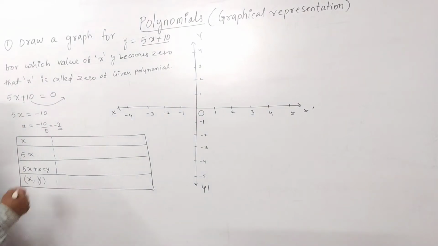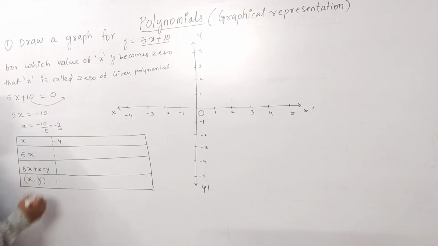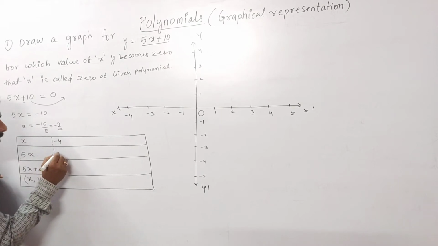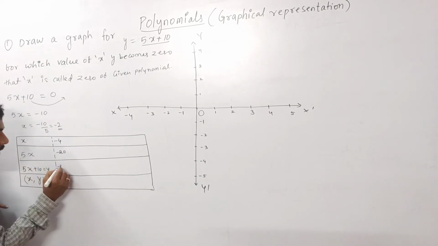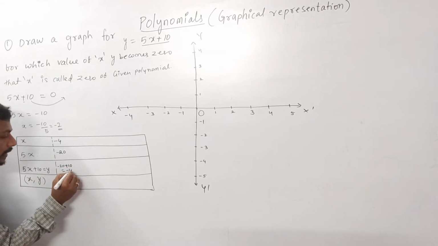So first I am going to take minus 4. If we take minus 4, 5 into x is how much? 5 into minus 4, 5 fours are 20, and since minus is there, I am writing minus 20. Minus 20, again plus 10, equals minus 10.